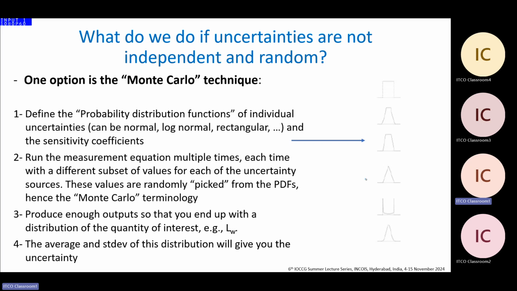At the end, you get maybe 10,000 of these LW values, and they will be distributed, generally as a normal distribution. Then you can define the mean value as the value of your parameter, and the width of this distribution is going to give you the uncertainty. That's a kind of brute force way of doing things, but it's probably one of the only ones when you have so many uncertainty sources which are not independent.